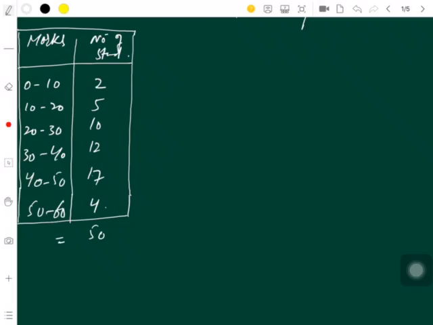Let us convert it into a less than frequency. What is less than frequency? How it is done? I'll take again marks and number of students.